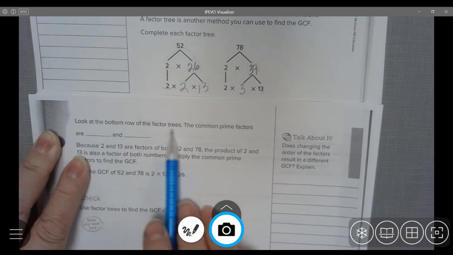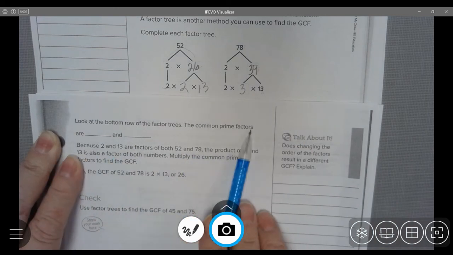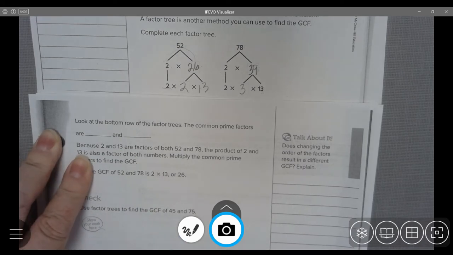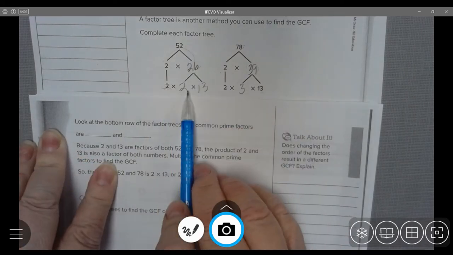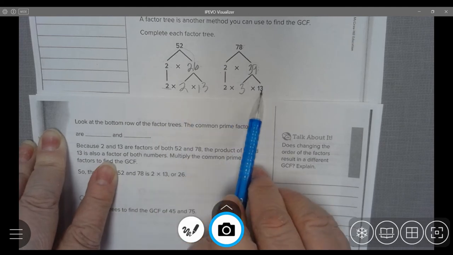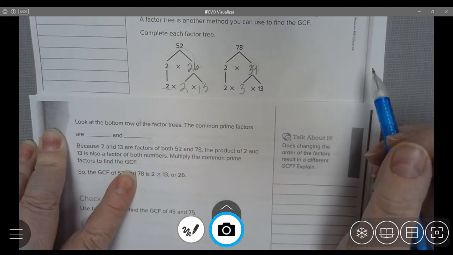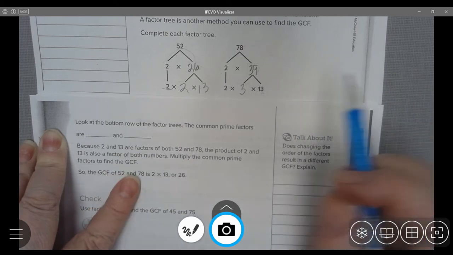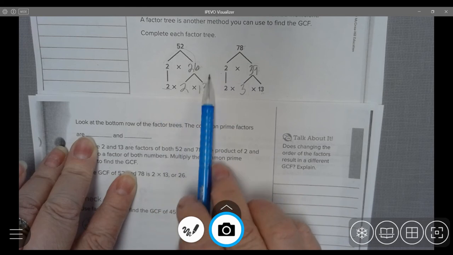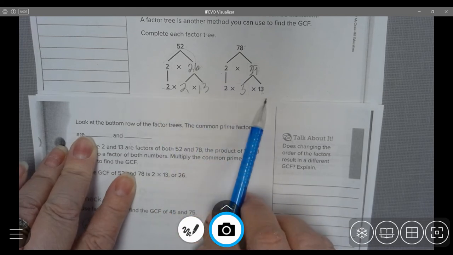If you look at the bottom row, the common prime factors are... So what's the same? So if we take a look here, all of these numbers here, 2, 13, 2, 3, 13, those are all prime numbers or prime factors. So using a factor tree, when we factor it out, these last numbers need to be prime numbers.